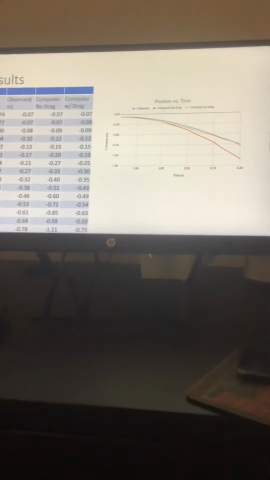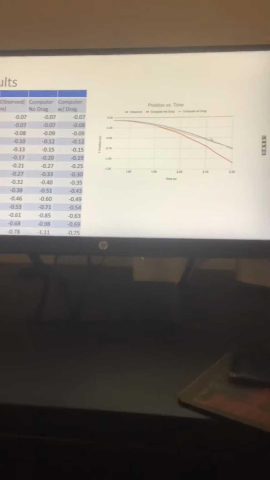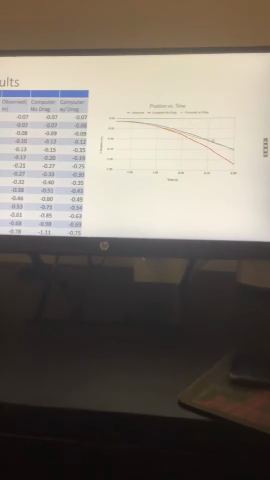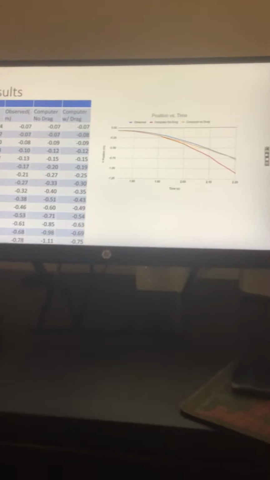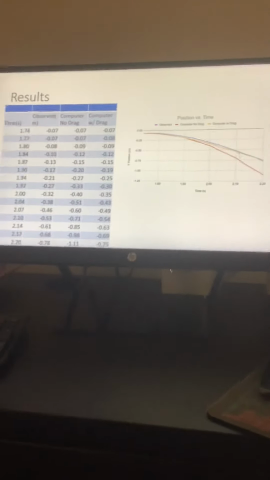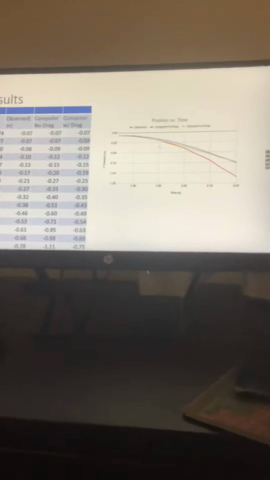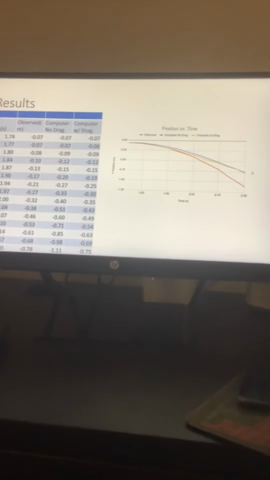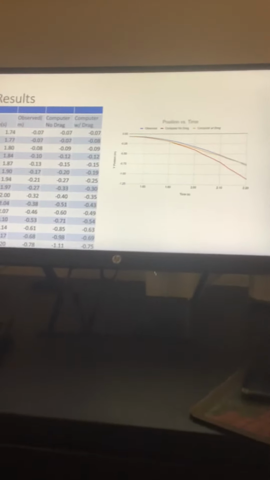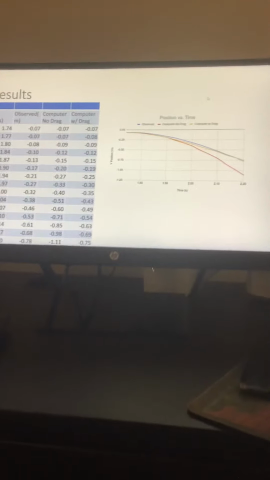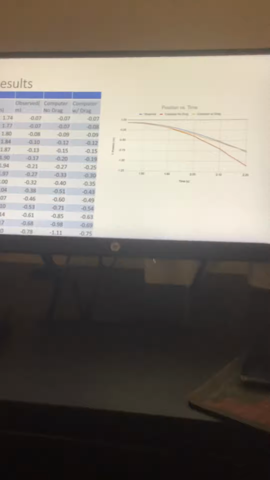Now, this net force in the observed and the computer with drag is drag plus gravity, and so that's why the computer with no drag was not very similar. But the general trend of the graphs is similar because they both have a constant net force, thus updating the velocity, thus causing the object to gain more distance quicker.